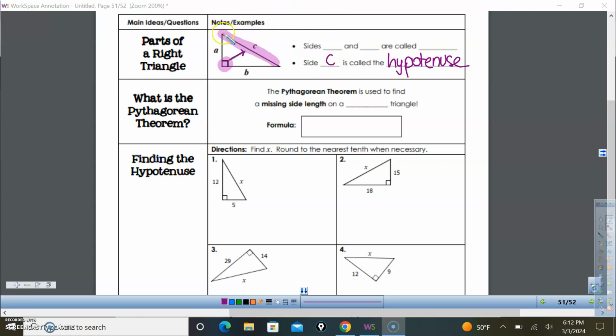Hypotenuse should always be opposite of your right angle, and the hypotenuse is always the longest side. So I want you to go ahead and write a little note down here. The hypotenuse is always going to be the longest side of your right triangle.